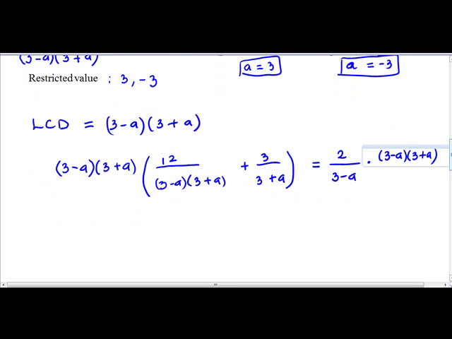So I multiply the LCD to the whole equation. So now I take the LCD here times in here. So I have 3 minus a times 3 plus a, multiply this term.